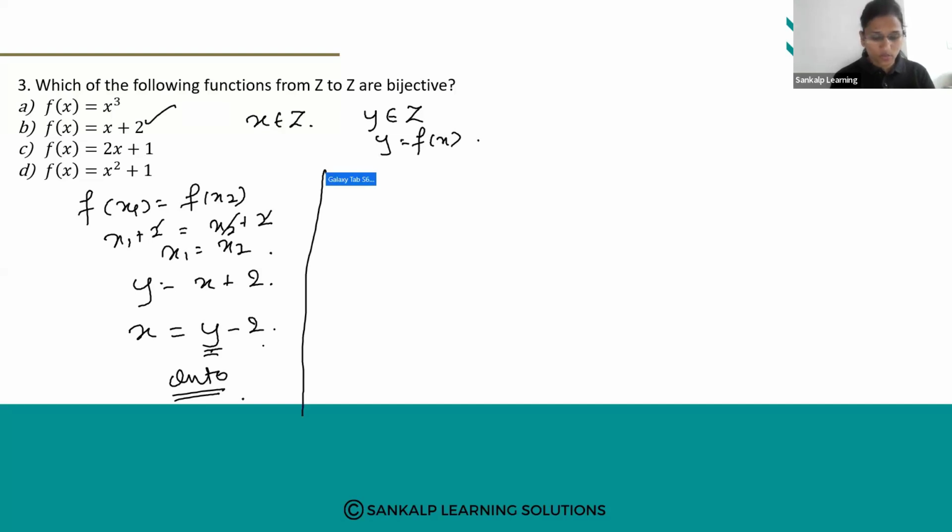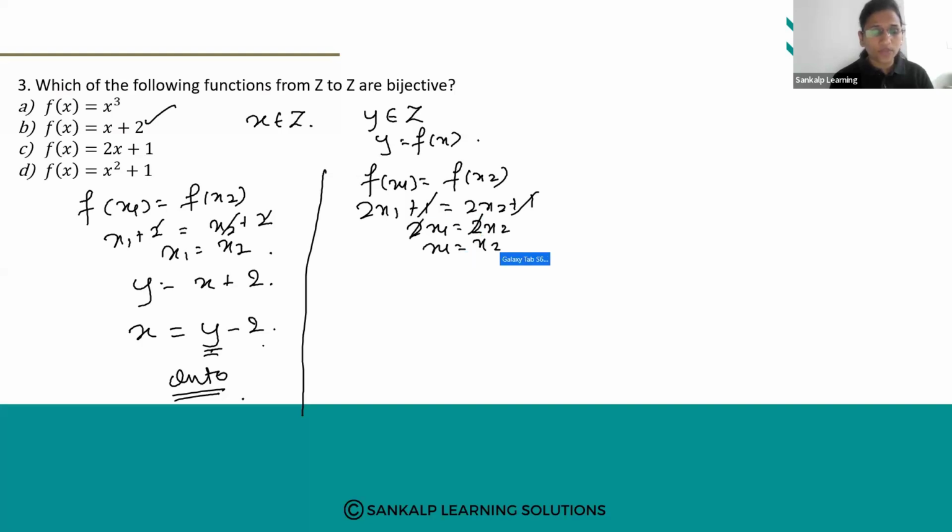So 2x plus 1. If I check for one-one, definitely it will be one-one. You can check: 2x1 plus 1 equals 2x2 plus 1. So 1 cancels, 2x1 equals 2x2. Again 2 cancels, so x1 equals x2. Now if we check for onto, what do I get here? x as y minus 1 divided by 2.